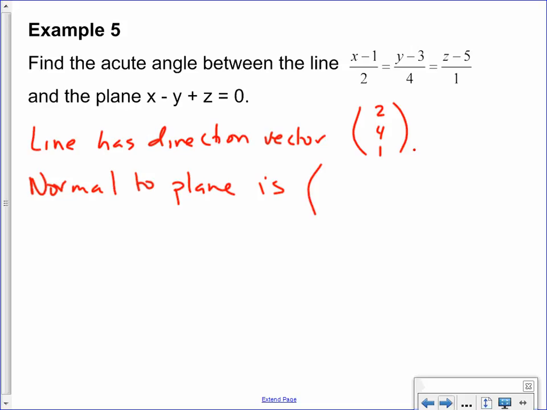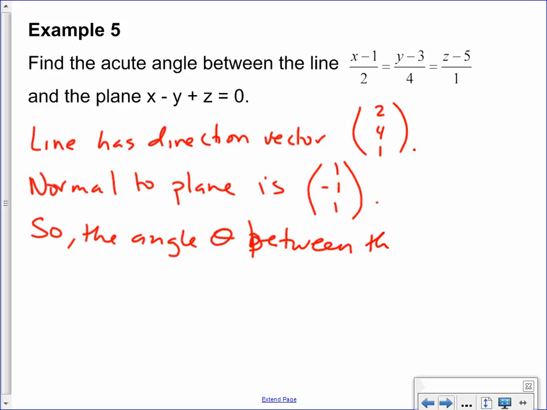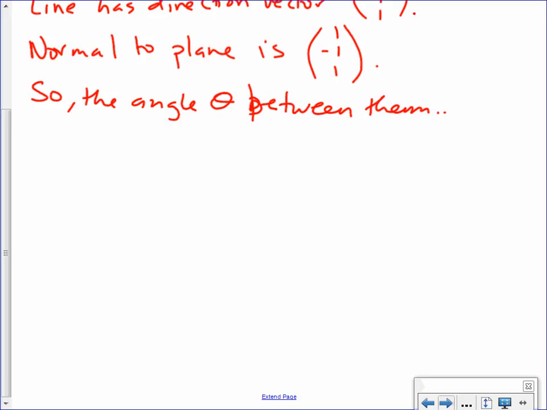Where's the normal? Yes, A, B, C. 1, -1, 1. Sweet. So the angle theta between them is the dot product.